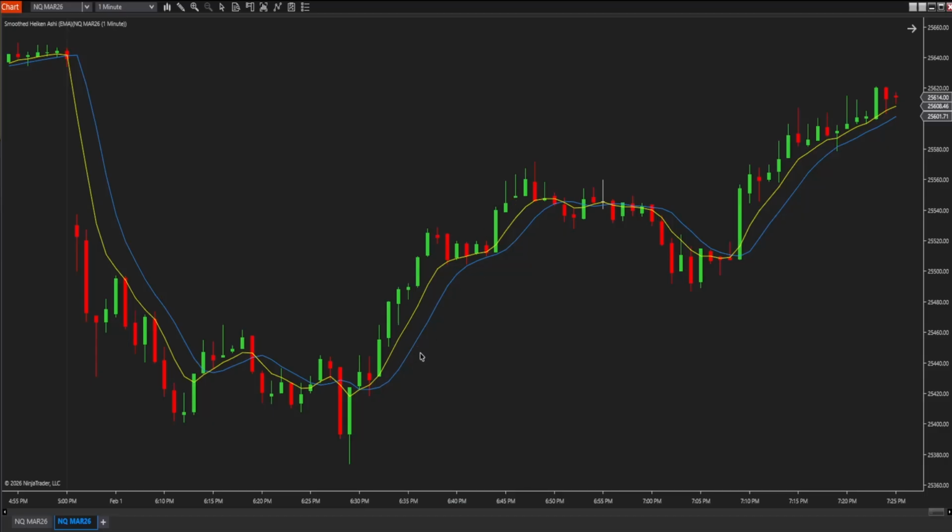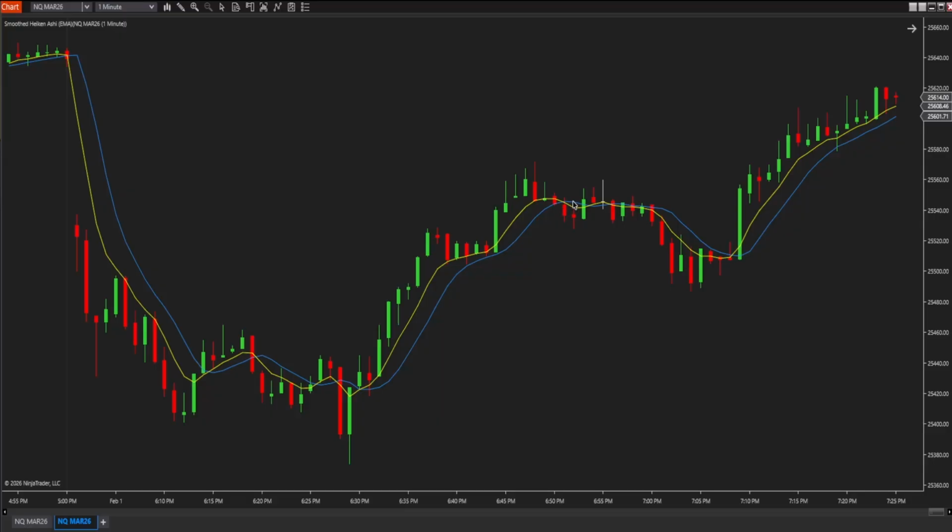Now, also, the one thing I want to go over is do not use this as a crossover buy and sell signal. Like when the yellow crosses above the blue, you buy, and when it crosses below, you sell. Don't do that because you'll get into areas like this where it's chop. Now, it will work when it's good like this up here and then you sell up here.